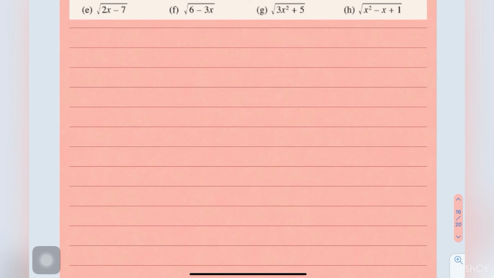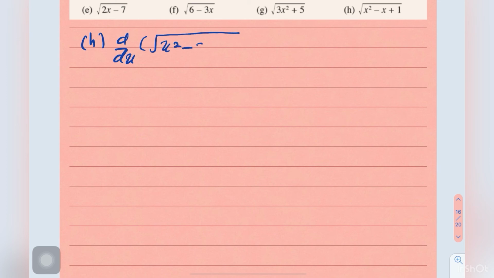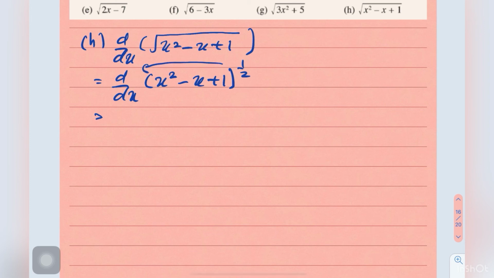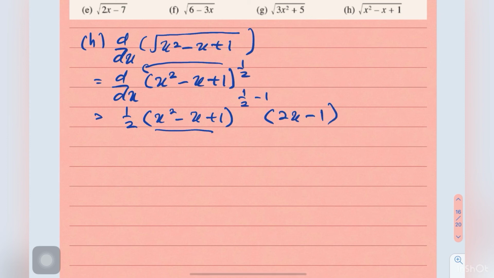Okay, to h, d/dx of square root of x squared minus x plus 1. So you change it to (x squared minus x plus 1) to the power of 1 over 2. Then you differentiate. Here we have 1 over 2, (x squared minus x plus 1) to the power of 1 over 2 minus 1. Differentiate another time, 2x minus 1.